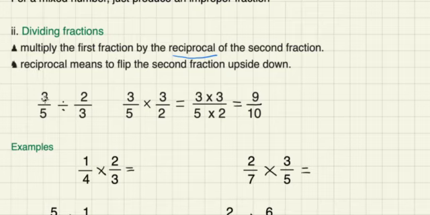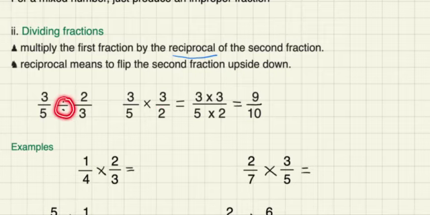So in this example, we have 3/5, but this time it's divided by 2/3. The first thing to do is copy out the first fraction, and then change the symbol.